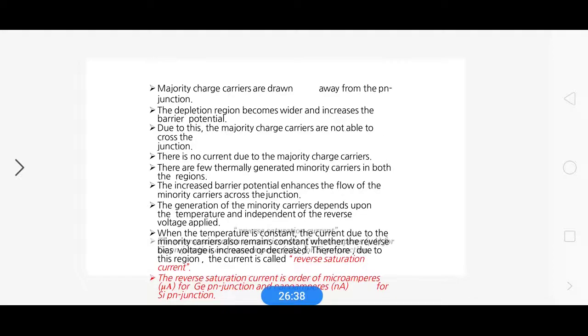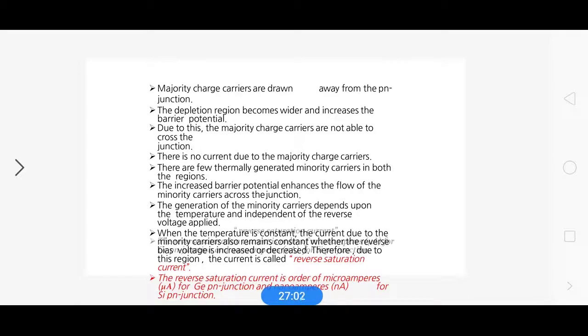And the generation of minority charge carriers depends upon the temperature. Means the minority charge carriers are very few and the current due to those minority charge carriers will be very less in the reverse bias.